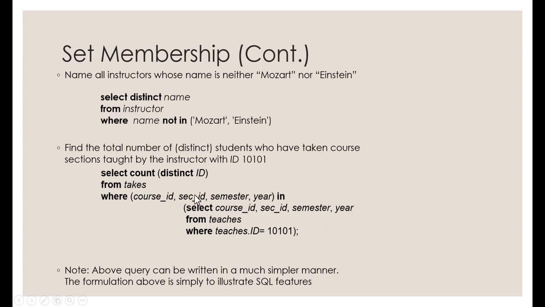Okay, so we have course ID, section ID, semester and year, from teaches where teaches ID is 10101. So let's think about what this particular subquery down here returns. Okay, so this is going to return the course ID with the section, semester, and year of all the courses that were taught by the instructor whose ID is 10101, right? So that's why this should be in here. So this will return the total number of distinct students who have taken any course taught by this instructor.